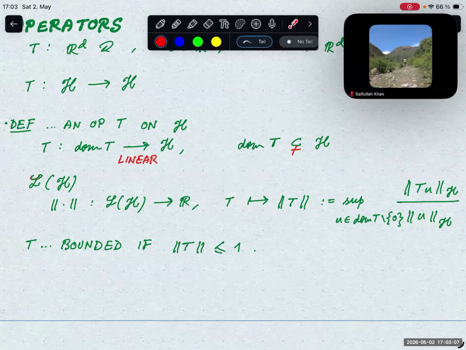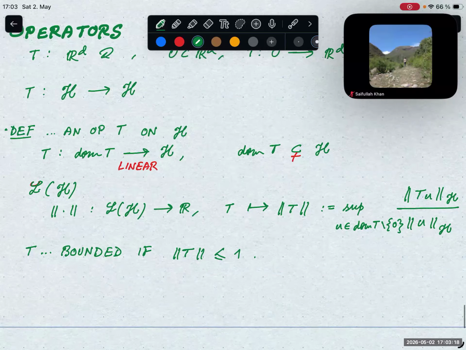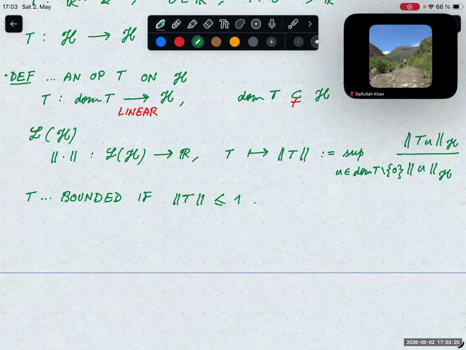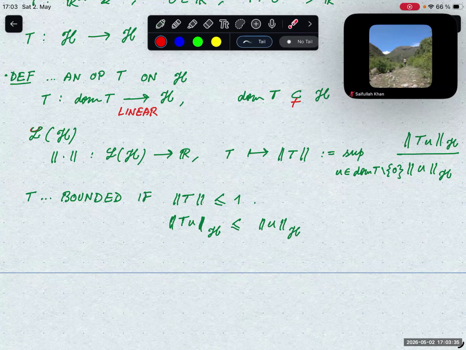Maybe I write it this way: the norm of Tu in the Hilbert space is less than or equal to a constant times the norm of u. That's the notion of boundedness: you apply the operator, and you do not go beyond this.